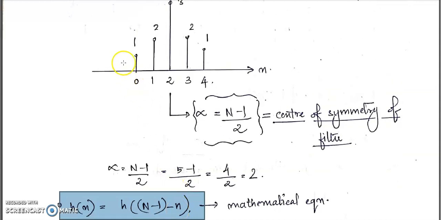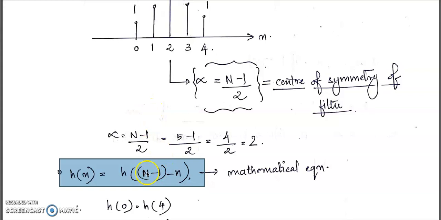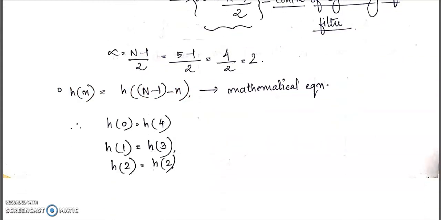Capital N is 5, so we can say h of n is equal to h of 4 minus n. We can put the values. For n equal to 0, h of 0 is equal to h of 4, h of 1 is equal to h of 3, and h of 2 is equal to h of 2. You can check it in the plot.